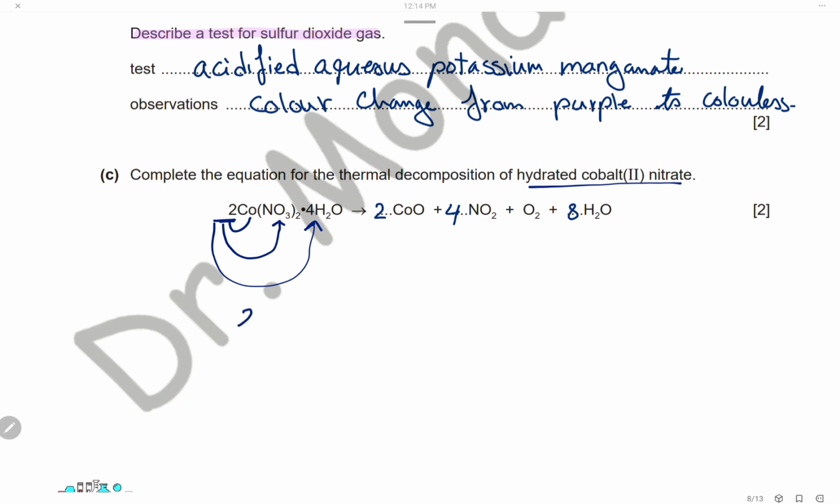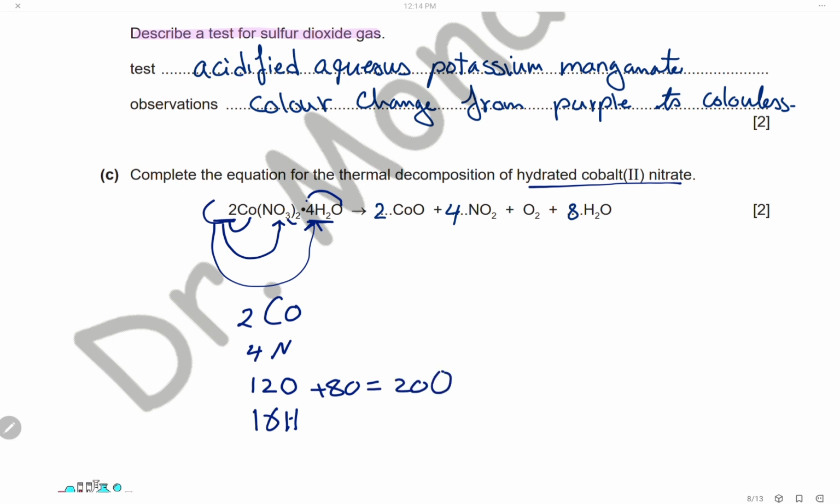So to balance, we have 2 cobalt, 4 nitrates, that means 4 nitrogen, and for oxygen 2 times 3 is 6, times 2 is 12 oxygen, and 4 water, that means 4 times 2 is 8 for hydrogen, times 2 is 16 hydrogen, and another 4 times 2, 8 oxygen. So we have 20 oxygen on the left side.